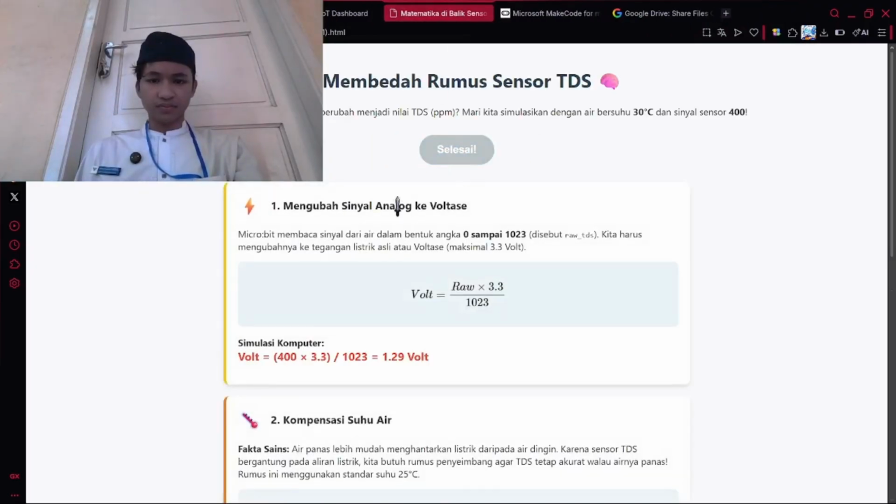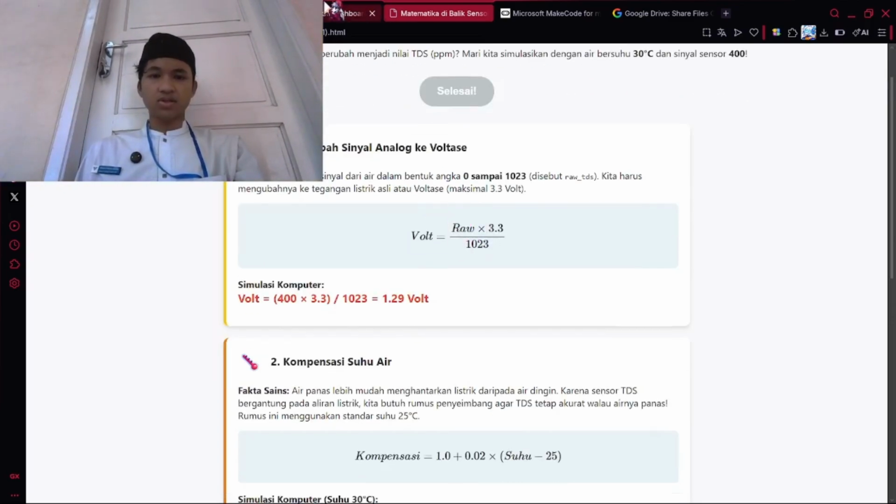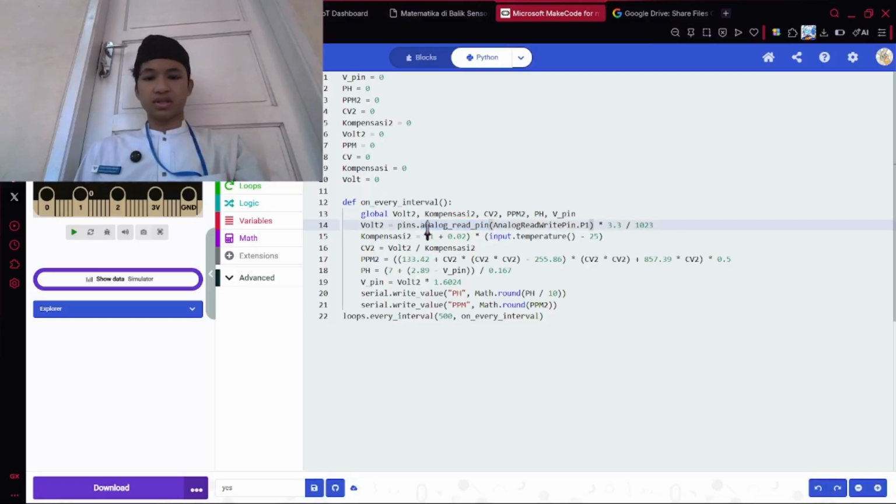Over here it's volt. We can change the raw analog signal: you can see here analog read pin 1, which we multiply by 3.3, the maximum volt that the microbit can take, and divide by 1023, which is the normal integer range for analog.